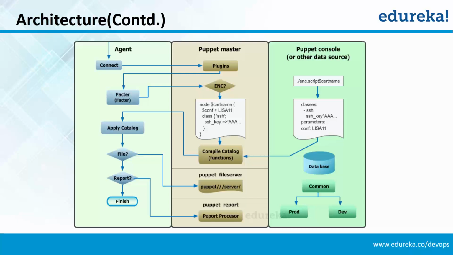Now, if it requires certain files or certain reports or certain resources, for example, you may say, configure this file, copy this file from so-and-so location. Fantastic. Now, the catalog is not going to contain the file content. It could be a file or it could be any resource. It is not just this one.